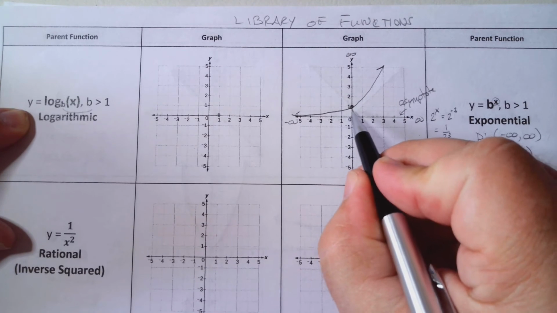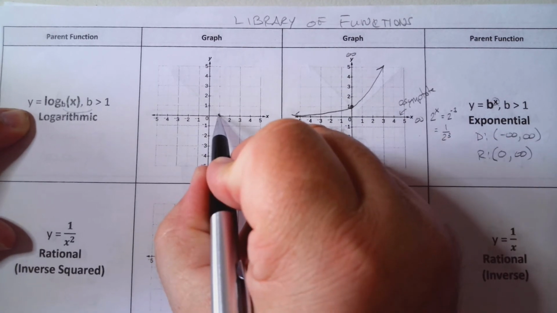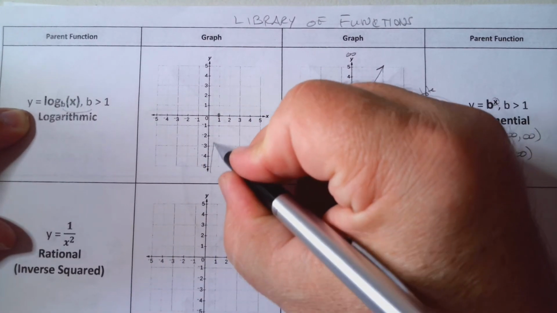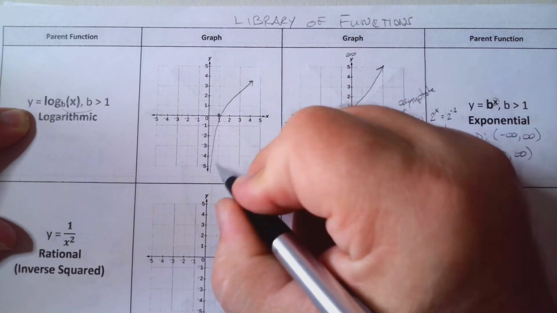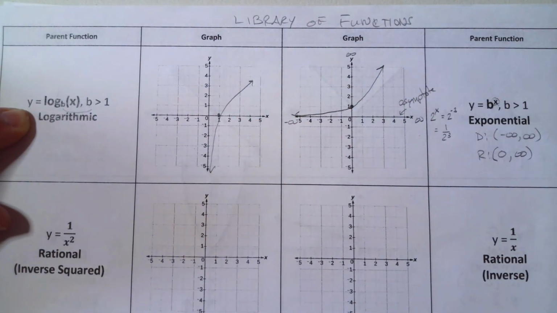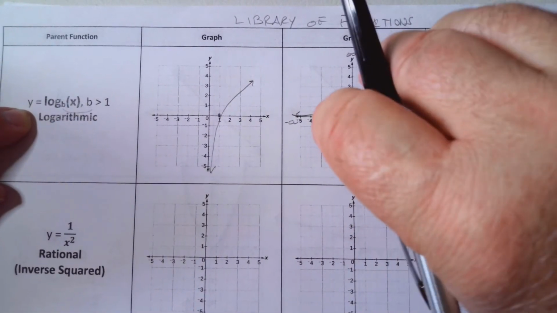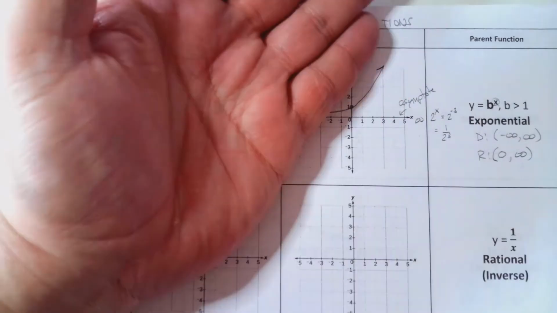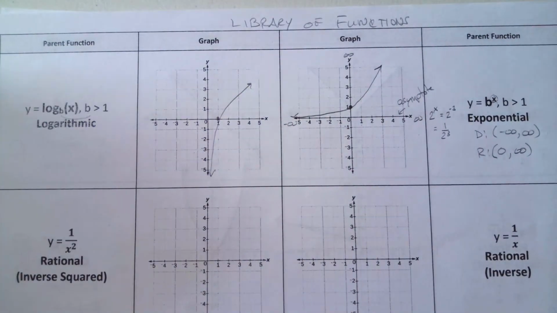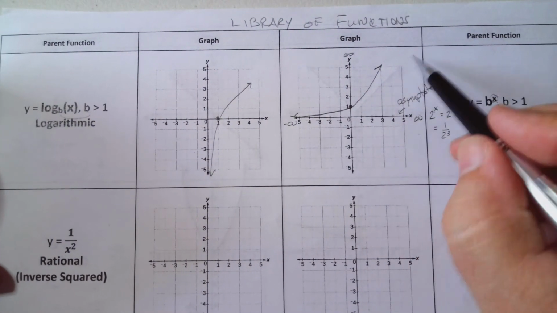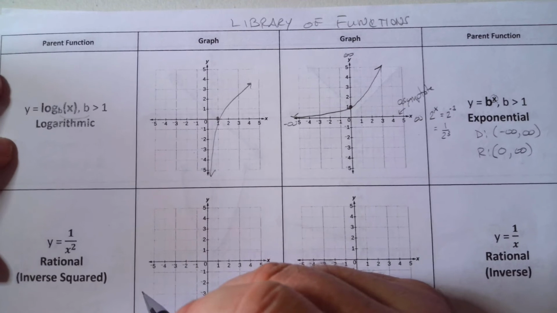This one crossed 1 on the y. This one crosses 1 on the x. And it looks like this. So it's the same as this graph. It's just that if you took the graph and folded it across the 45-degree line, you get this graph.